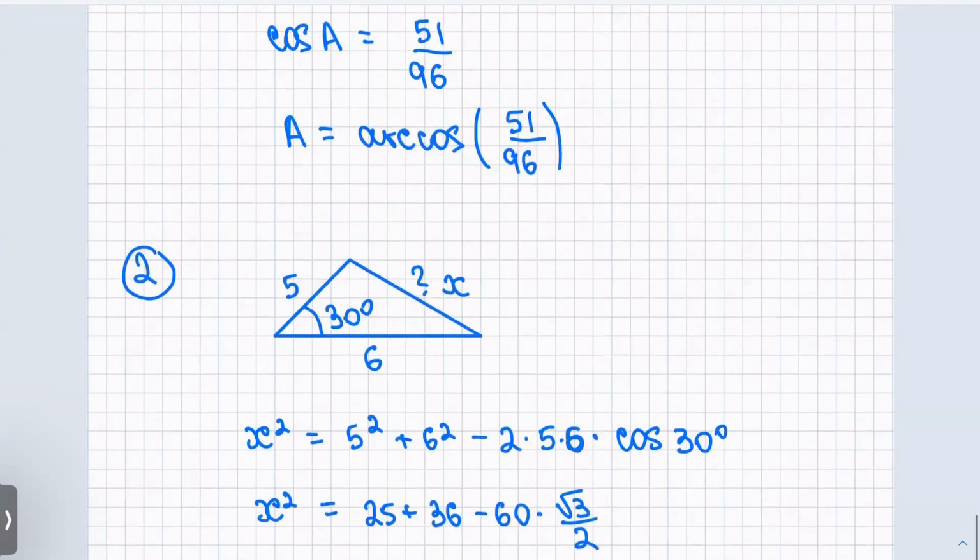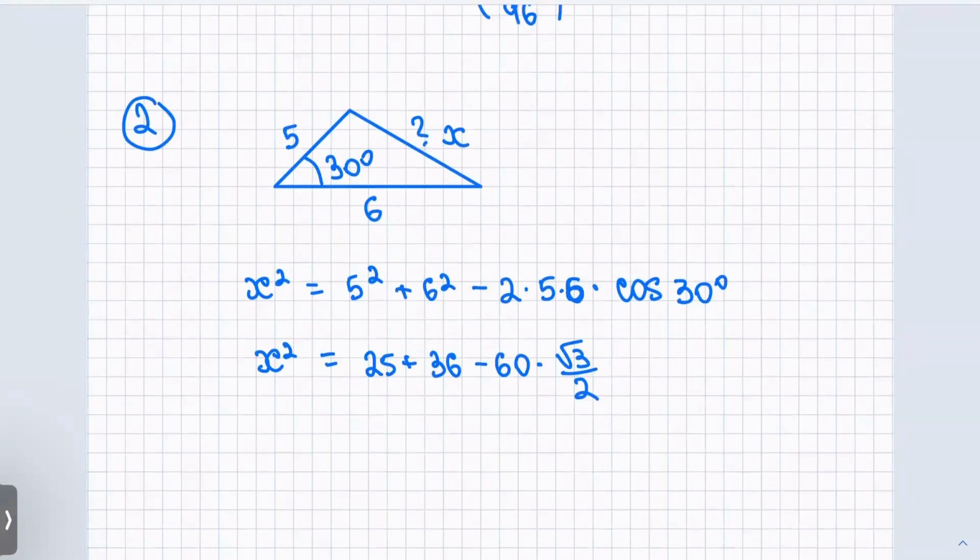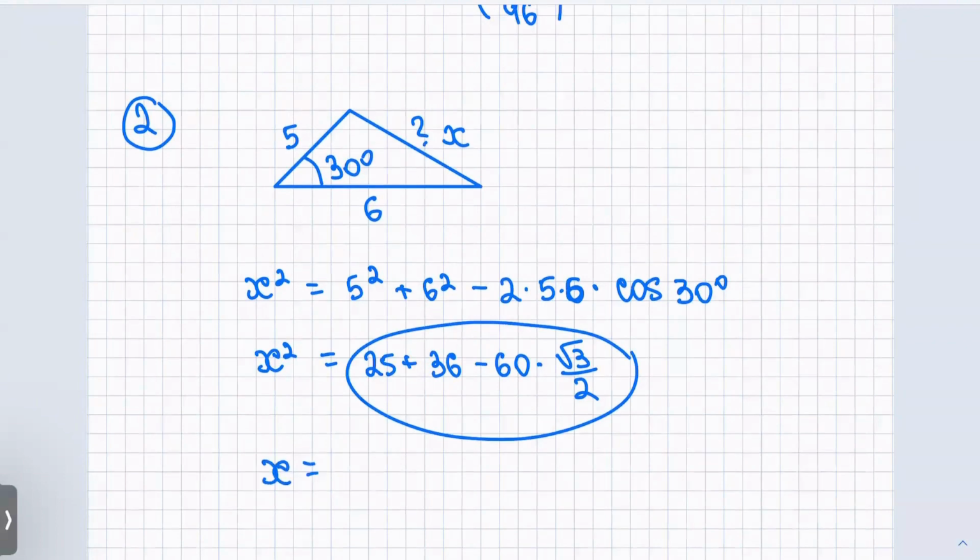So if you just finalize the calculations, dear students, you can find out what this number is equal to. And then to find the side, we just take the positive root of that number, which let's denote by some letter, F. So that will be just the square root of F. Positive, dear students, because the side cannot be negative.